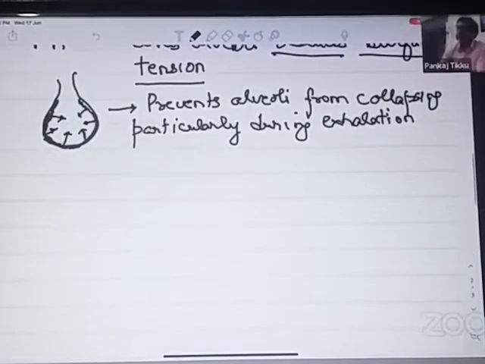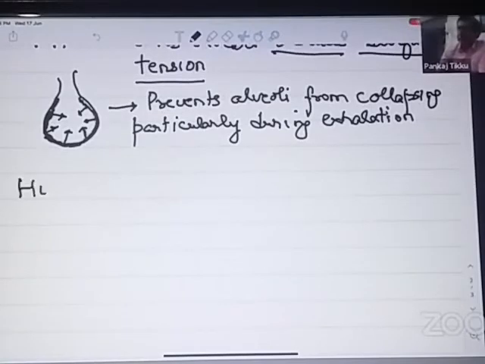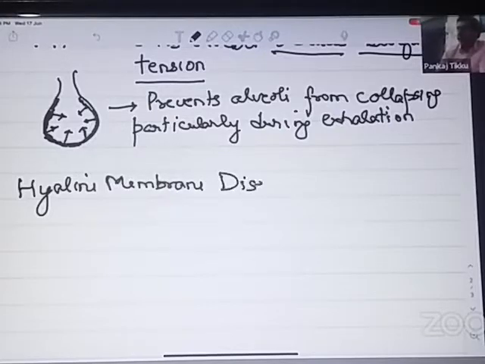Now what happens in the case of a hyaline membrane disease? Actually, hyaline membrane disease is an old name. The new name that is given to this disease is respiratory distress syndrome.